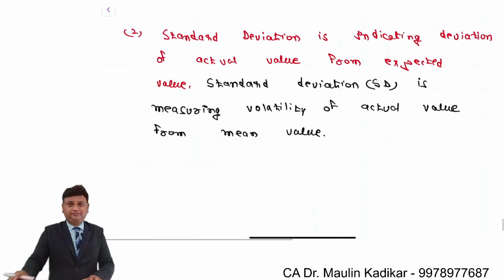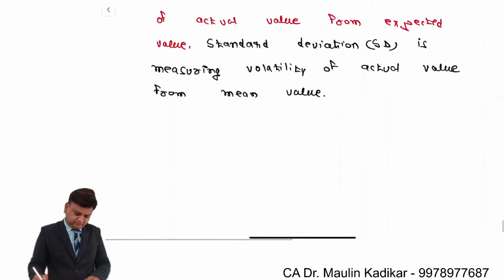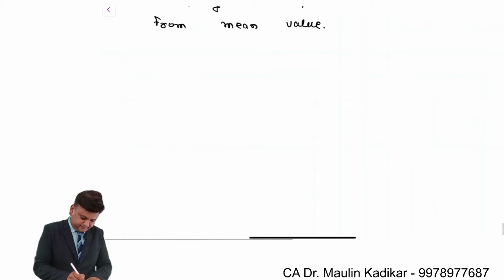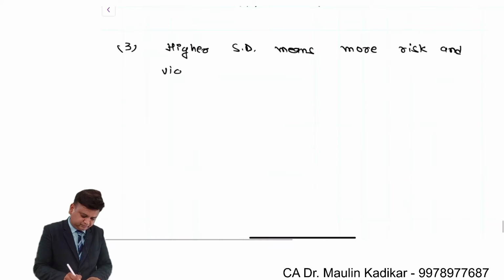Full stop. Third point, higher SD means more risk and vice versa. Full stop.